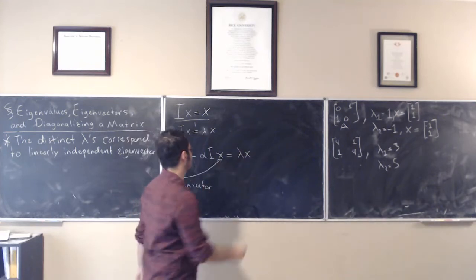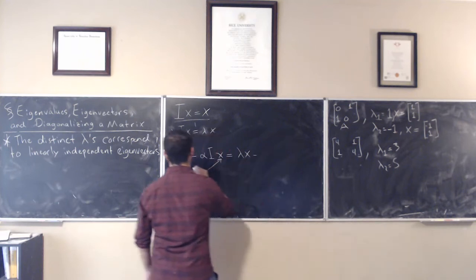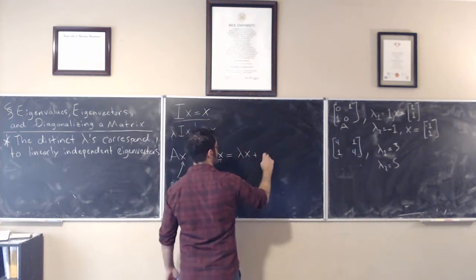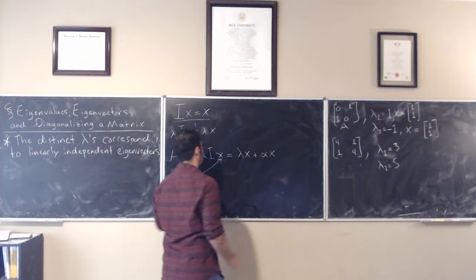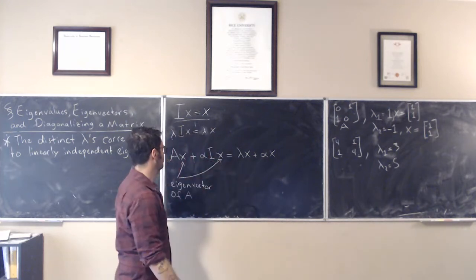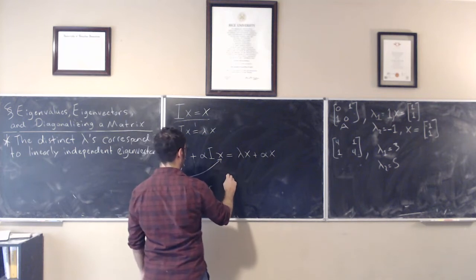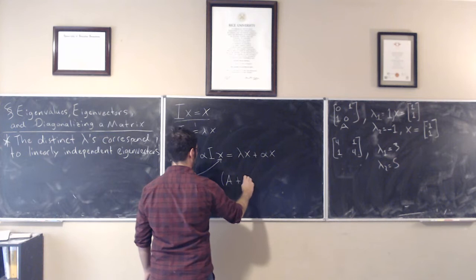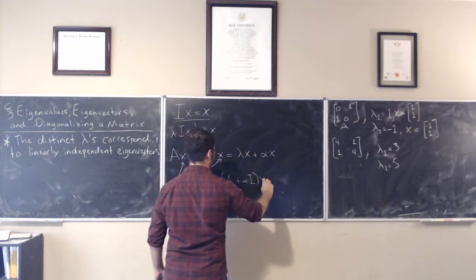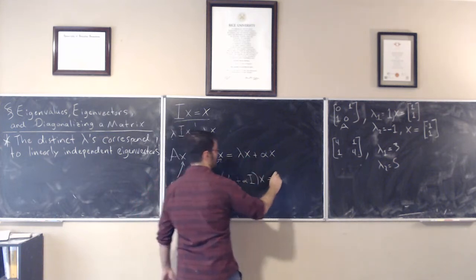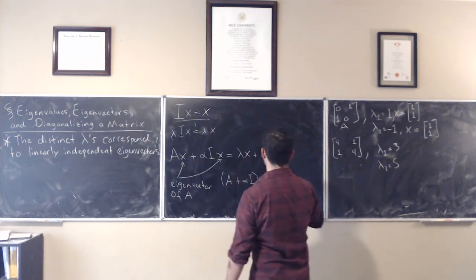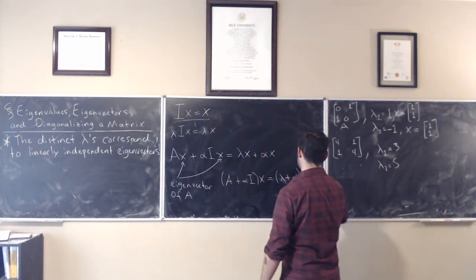And alpha x is going to be equal to, well, I'm going to use plus. So alpha I x is just alpha x. So factoring out x on the left-hand side, we see that A plus alpha times I x is equal to lambda plus alpha times x.